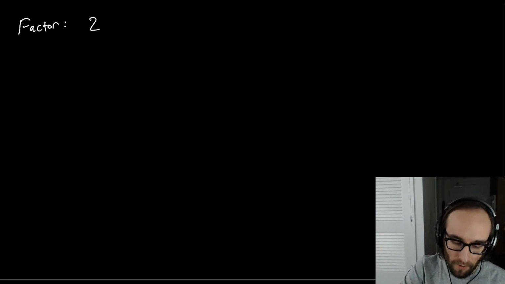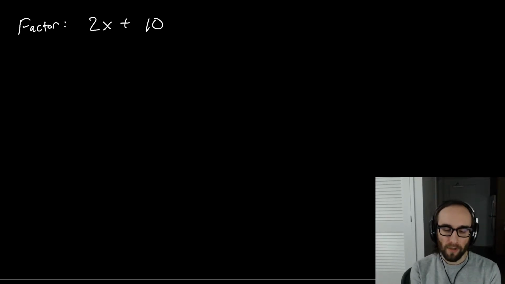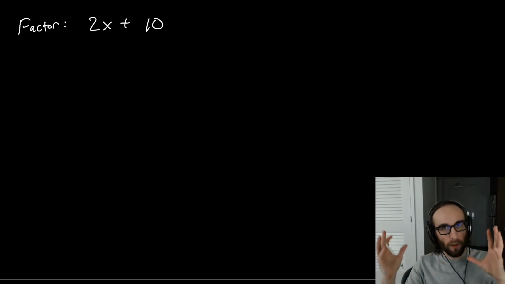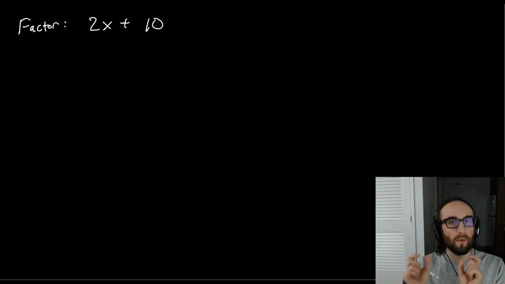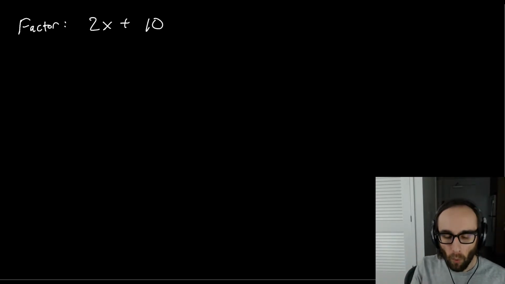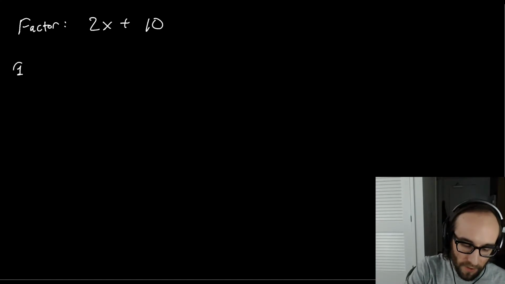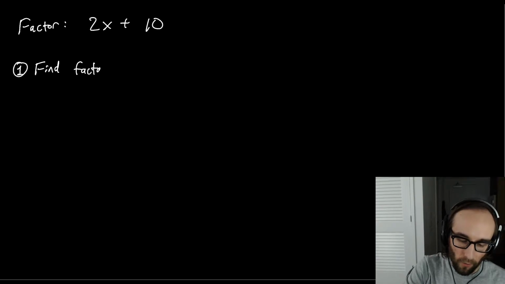So for example, if we're being asked to factor 2x plus 10, we're trying to rewrite this entire polynomial as two factors being multiplied. What we have to do here is first find the factors of all terms individually.